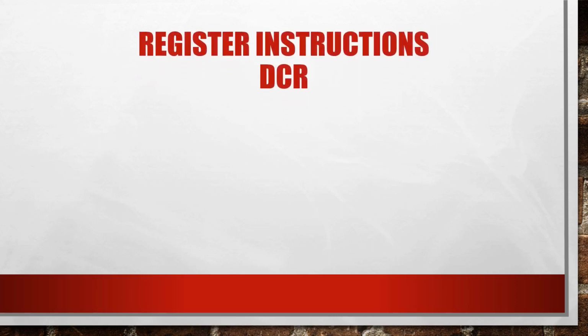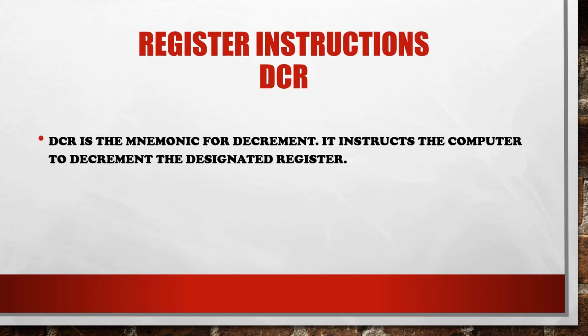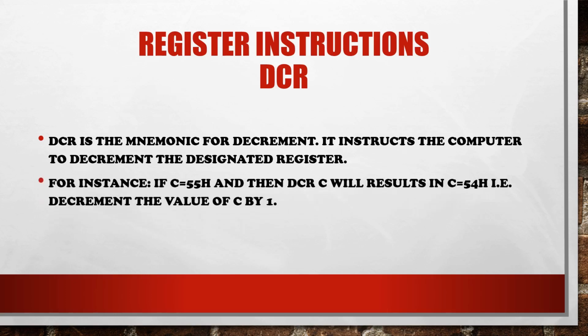So another register instruction is DCR. DCR is the mnemonic for decrement. It instructs the computer to decrement the designated register. So let's take an example. For instance, if C equals 55H, then DCR C will result in C equals 54H. That is, decrement the value of C by 1.